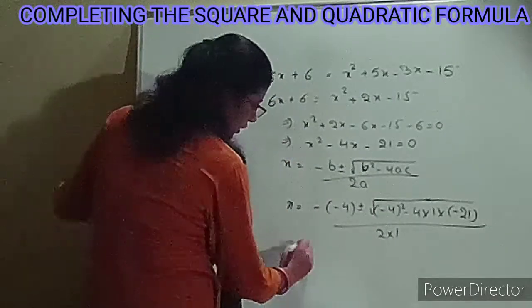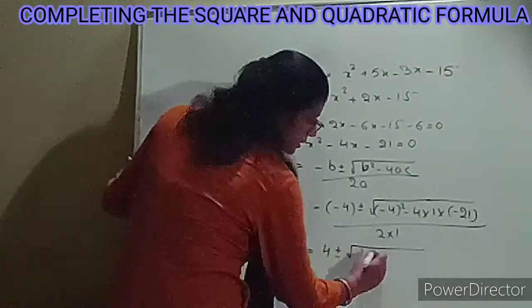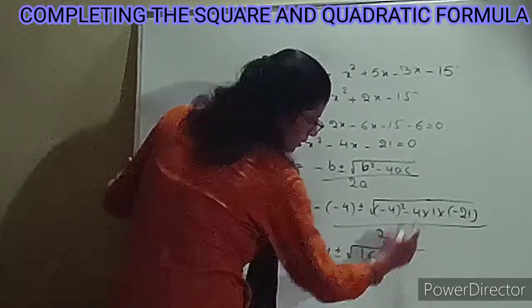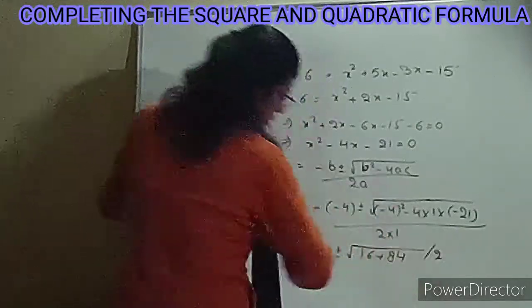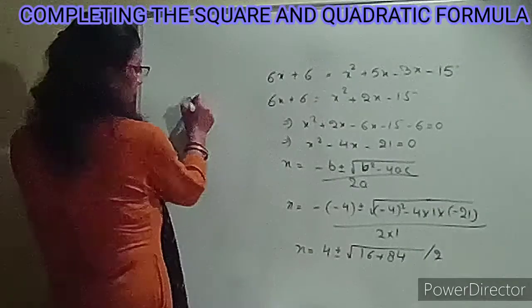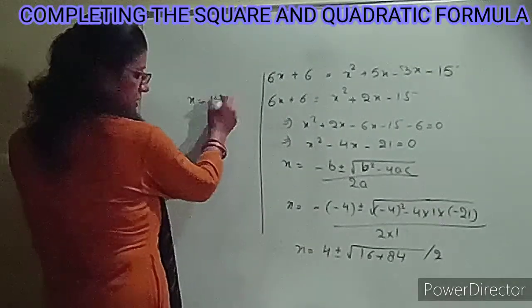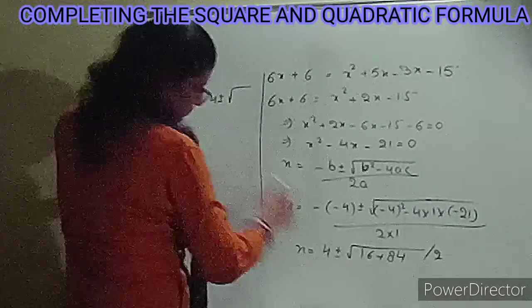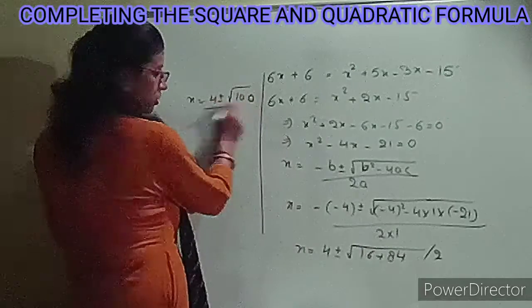So therefore x equals 4 plus minus root of 16 plus 4 ones are 4, 4 twos are 8, whole divided by 2. Quickly if we solve this, what we'll get? x equals 4 plus minus root of 100 upon 2.